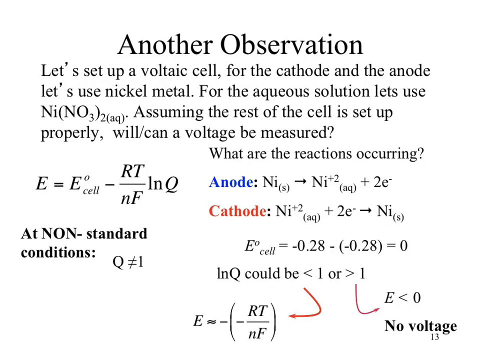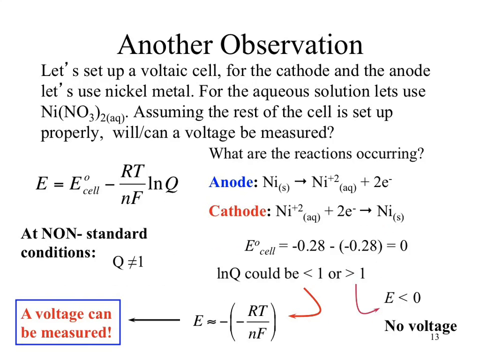Kind of interesting. What does that mean? With two species, both the anode and the cathode, having the exact same materials in it, we can still generate a cell potential, even though our standard cell potential is 0. Okay? It's kind of a bizarre concept.